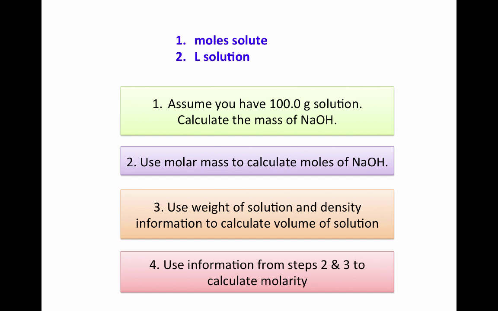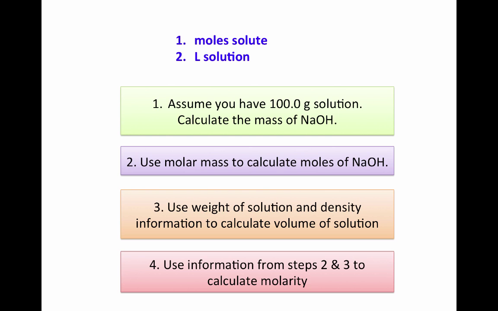And the assumption that we use is going to be assuming 100. Now, there are a couple of different ways you can do this. You can assume 100 grams, or you can assume 100 milliliters. Either way will work. I'm going to choose to use 100 grams this time, and you'll see why when we actually go ahead and calculate the mass of NaOH in the first step.